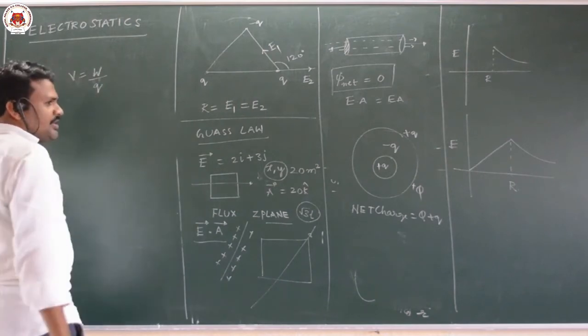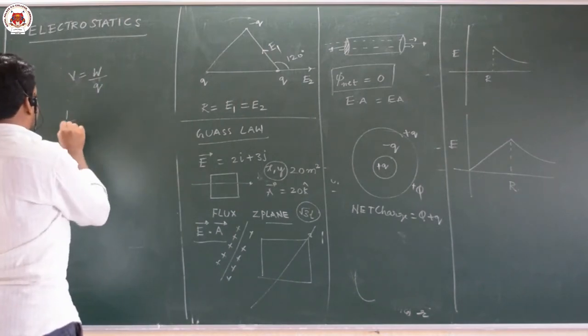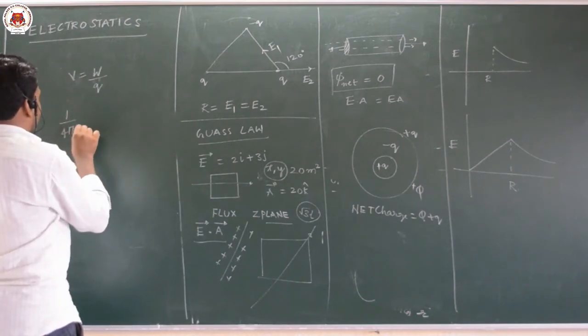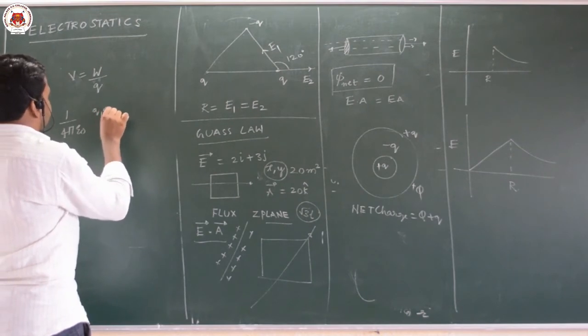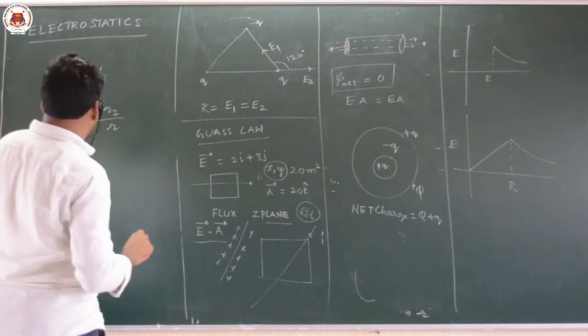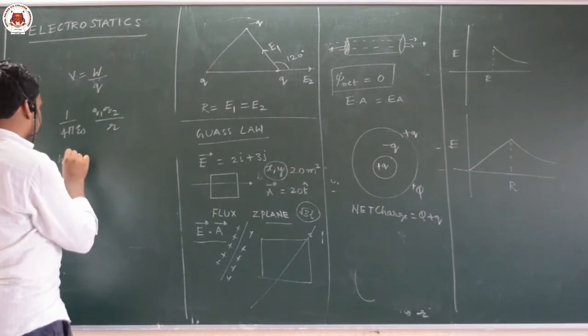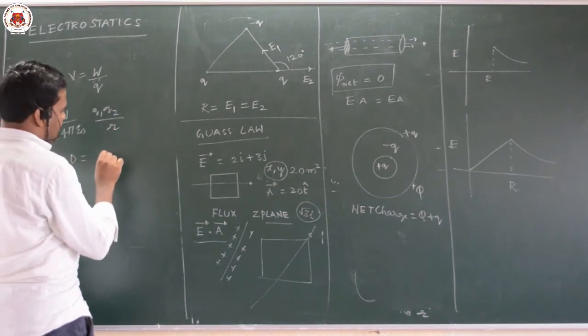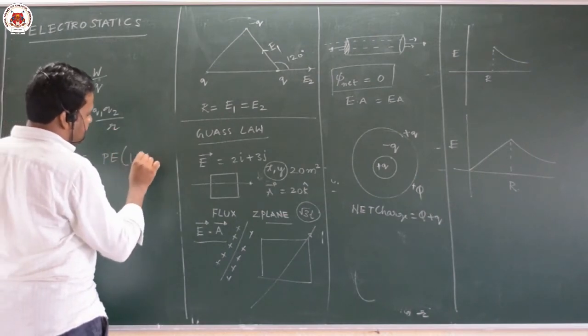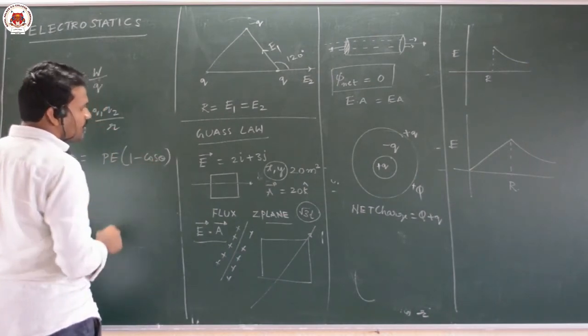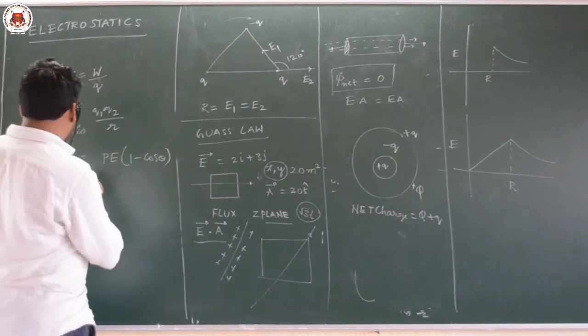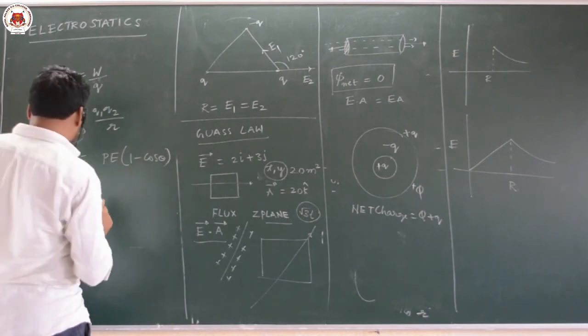Electric potential energy is 1 by 4 pi epsilon naught Q1 Q2 by R. Next, work done to rotate the dipole in a uniform electric field is PE into 1 minus cos theta.